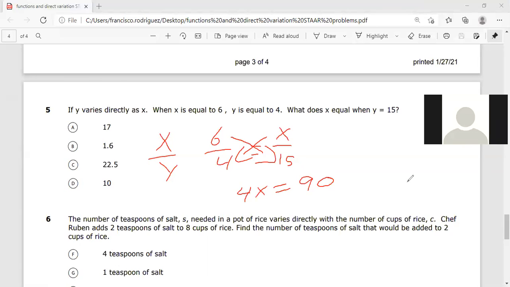We'll sit here in awkward silence while someone answers. Don't you have to divide something? Right, right. We're going to divide both sides by 4, so we cancel out the 4. So x should be equal to 90 divided by 4, which is equal to 22.5. Okay, so the answer right here is C.